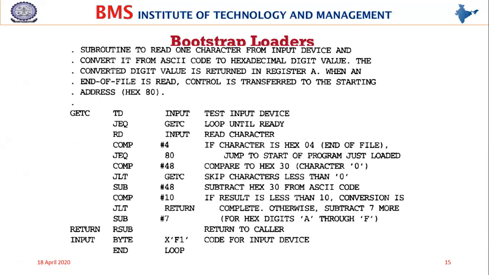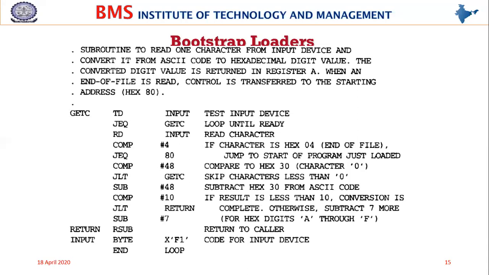If the character is 0, it may be a comment or there is no instruction. So we jump less than to getC, which means we skip that line. If it is 0, there is no point in loading it into memory, so we skip that step and go back to the beginning of our routine getC.